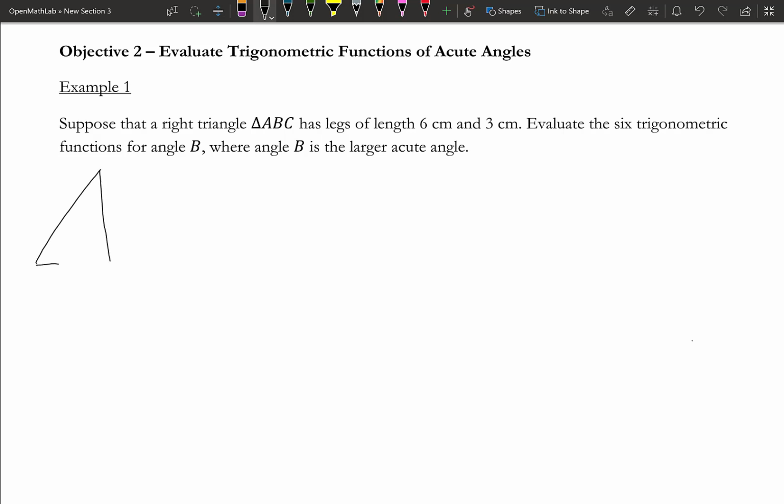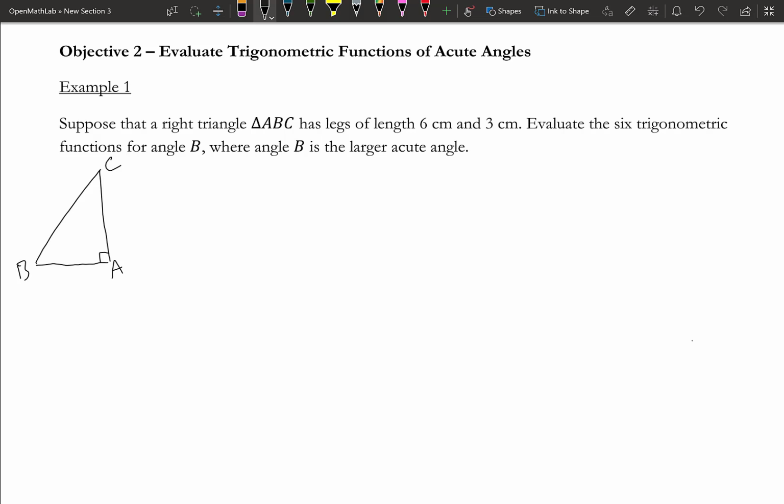So we have a right triangle. I'll let the right angle be A, this be B, and this be C. We know B is going to be an acute angle, so I don't want to put B where the 90-degree angle is.